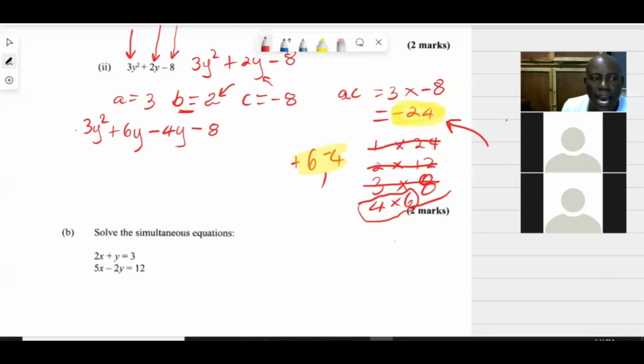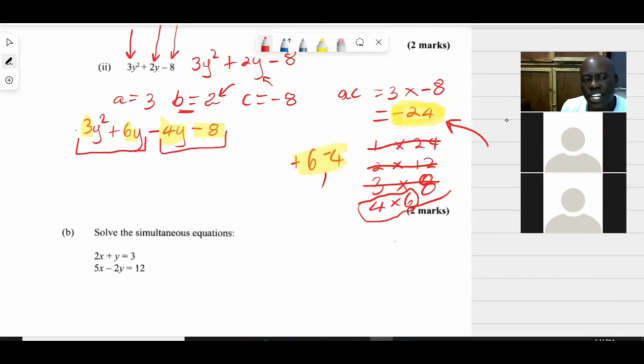If you notice, we have 4 terms we're dealing with. Let's check them off. 1, 2, 3, 4. The moment you find yourself with 4 terms and there is nothing common for all, you have to factorize by grouping them. So we're going to be grouping these two, and then we're going to be grouping these two.